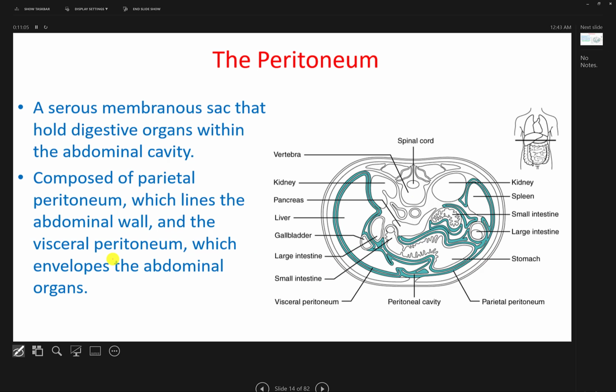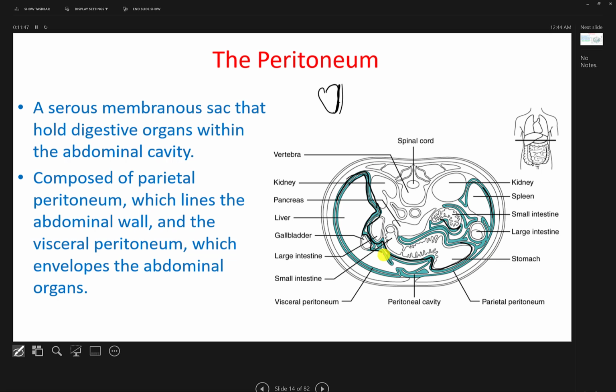If you remember, in the heart, we said we will have visceral and parietal layers and there is the cavity. But in the peritoneum, the visceral peritoneum is a continuous layer across several organs. So this visceral peritoneum will be wrapping around the stomach, the small intestine, the spleen, the liver, and part of the pancreas.